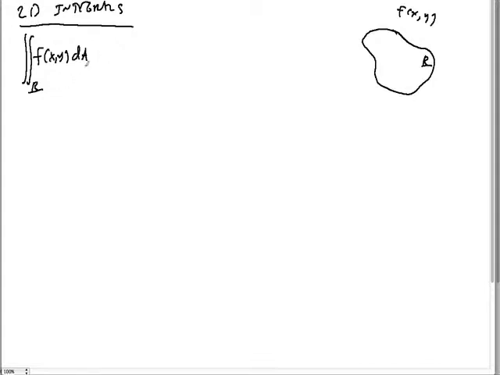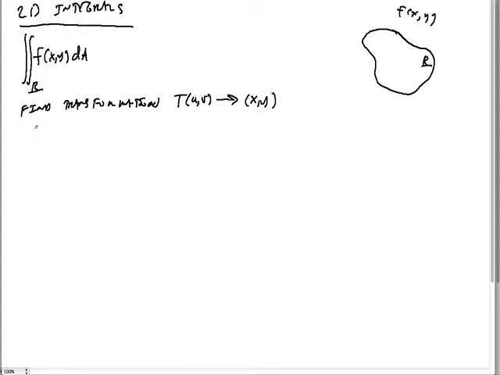So what we want to do is find a transformation T of u comma v, in some new space, that transforms to x comma y.